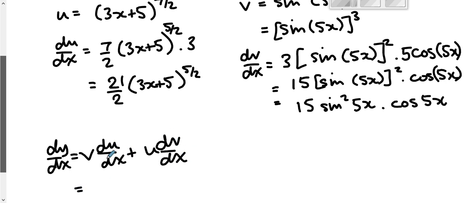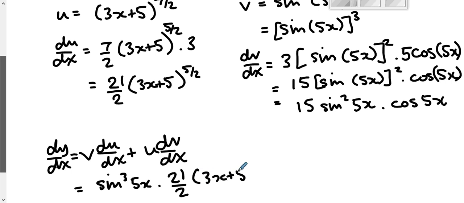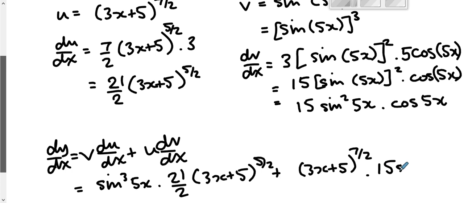So now I can copy these things in. v is sine cubed 5x, du by dx is 21 over 2 (3x plus 5) to the power 5 over 2, u is (3x plus 5) to the power 7 over 2, and dv by dx is 15 sine squared 5x, and I'm going to put the cos 5x on the next line below.